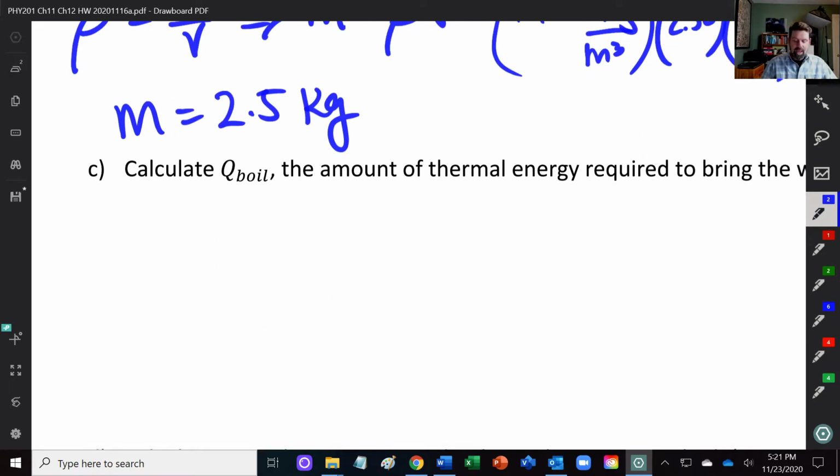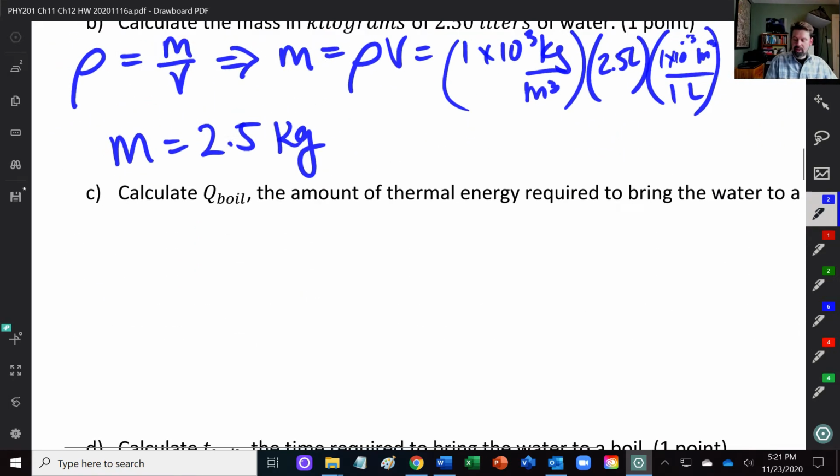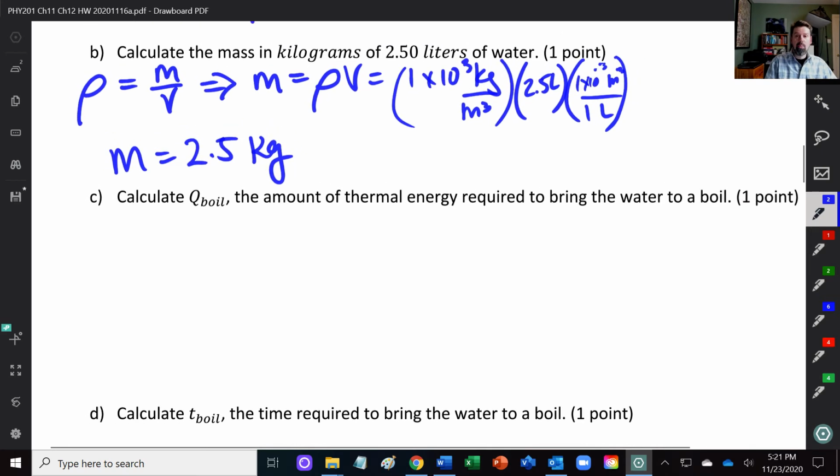Okay. Calculate Q boil, the amount of thermal energy required to bring the water to a boil. So we've got water at 20 degrees Celsius, and we're just bringing it up to 100 degrees Celsius. We've got to go to a combination of our old friends.